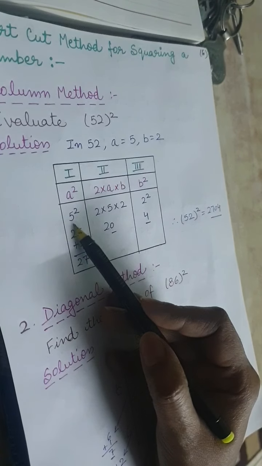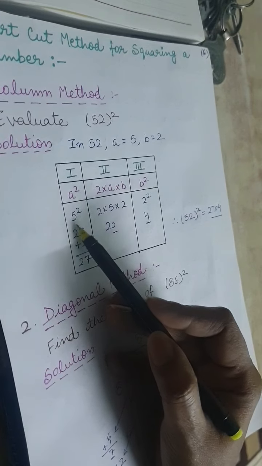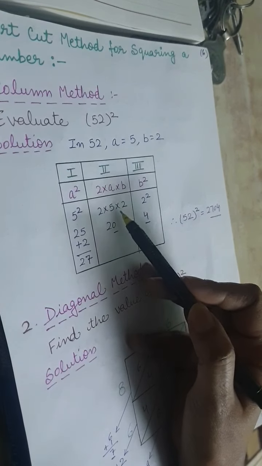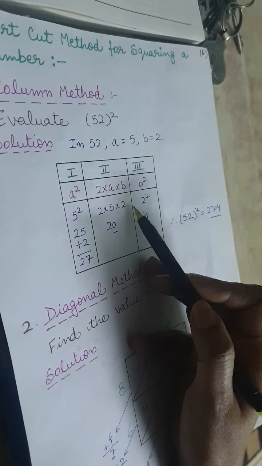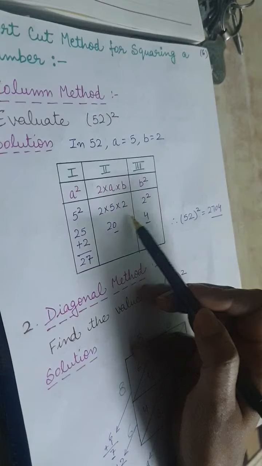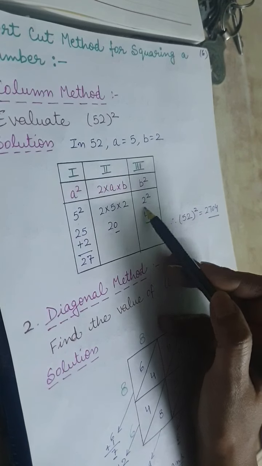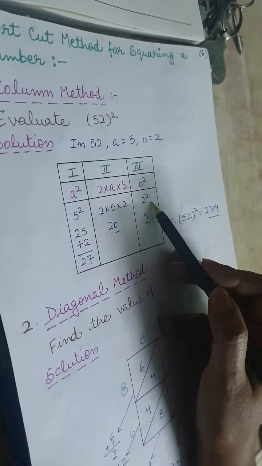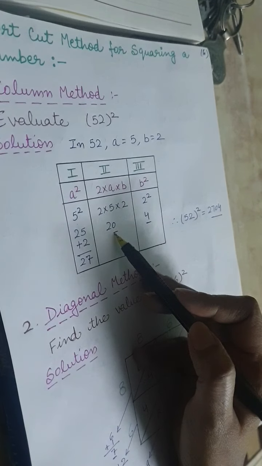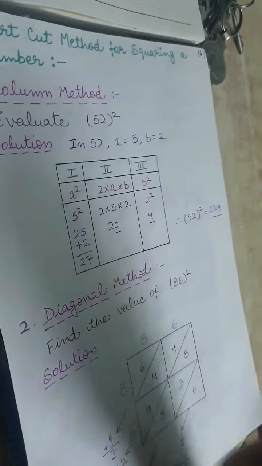What is the value of A? That is 5. So it is 5 square. 2AB means 2 multiplied by A multiplied by B, that is 2 into 5 into 2. Then B square, that is 2 square. Clear? 5 square is 25, then 20 and then 4.